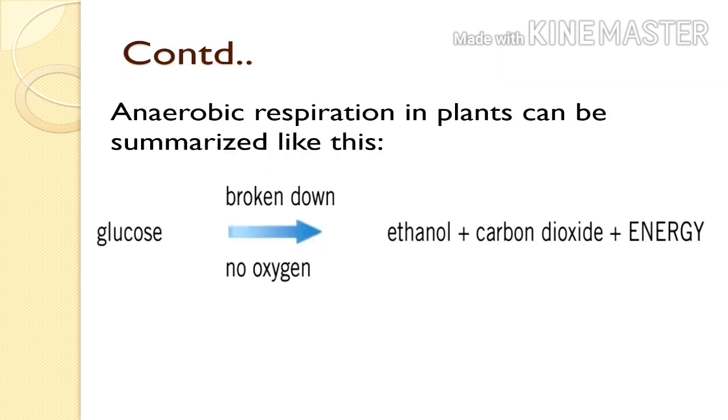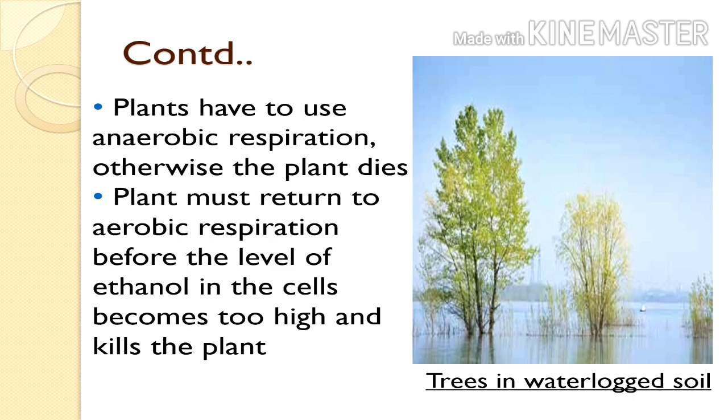Here is the word equation for anaerobic respiration in plants, where glucose in the absence of oxygen is broken down into ethanol, carbon dioxide and some energy is released. The roots of plants living in waterlogged soil use anaerobic respiration, otherwise the plant dies due to no oxygen or air.